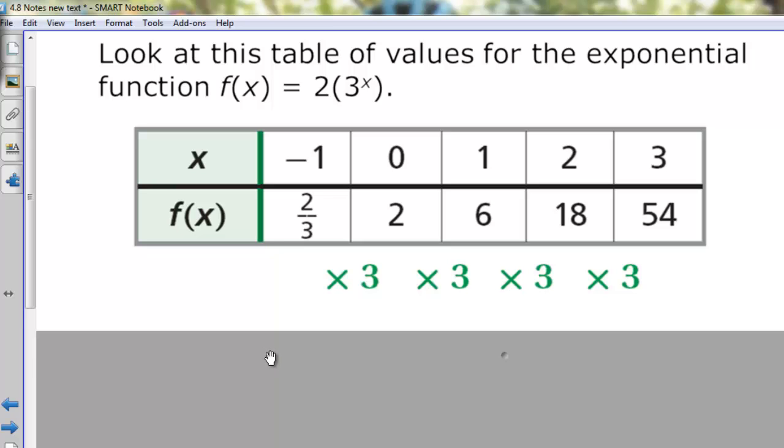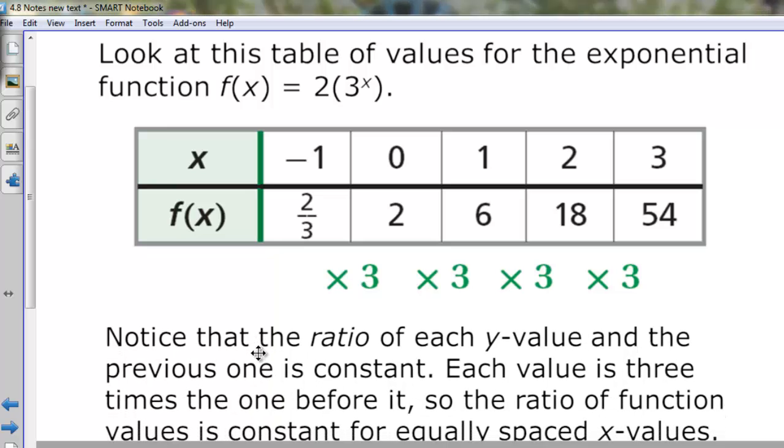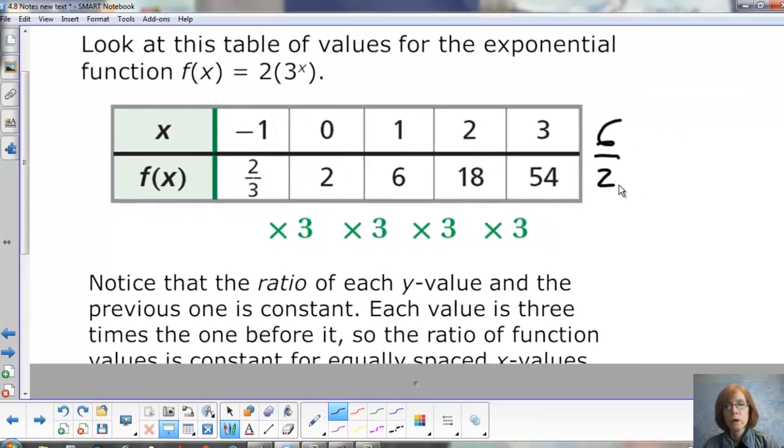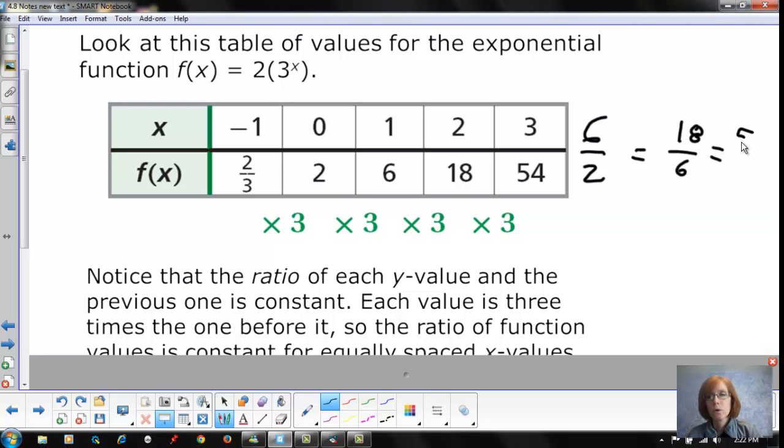But what is the same is the ratios. The ratio of each y value and the previous one is constant. So for example, 6 divided by 2 is equal to 18 divided by 6, which is equal to 54 divided by 18, and so on.